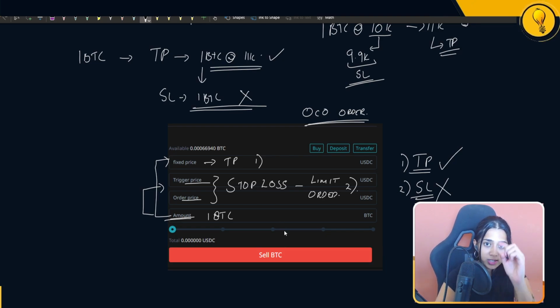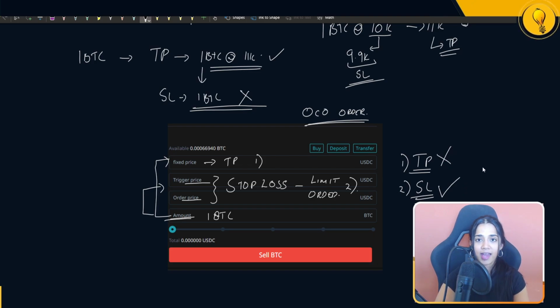However, if price drops down first to 9.9K or lower, your stop loss in that instance gets executed first, upon which your take profit gets canceled. And that's why it's called one cancels the other. As soon as one of the orders gets executed, the other one gets canceled. This essentially allows traders to have a take profit and a stop loss on any one given position.